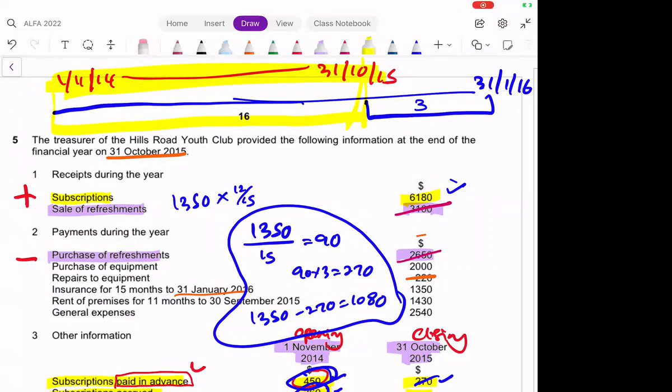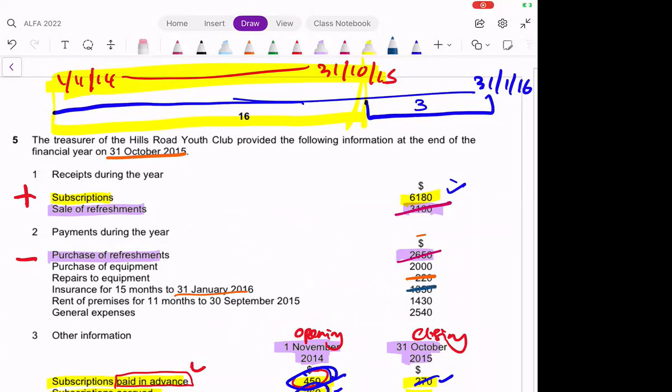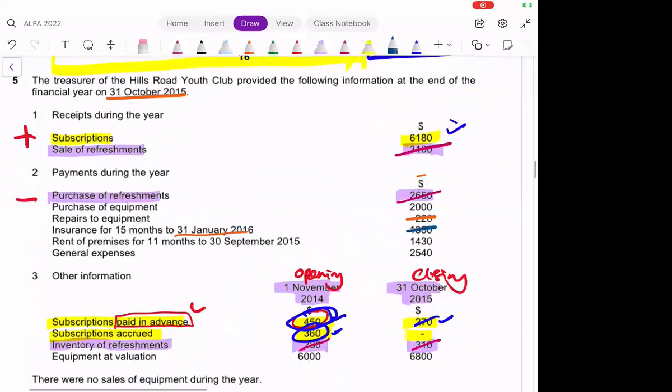Now you get it, or any question? Okay, good. Insurance done already. Next one is rent. Rent also got problem. The rent of premises 11 months until 30th September 2015.